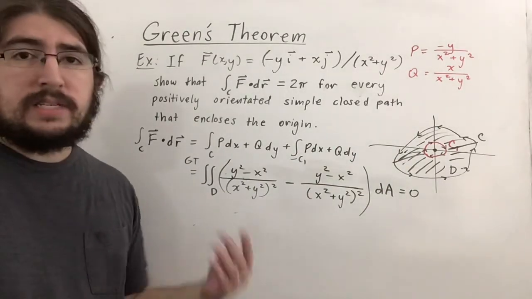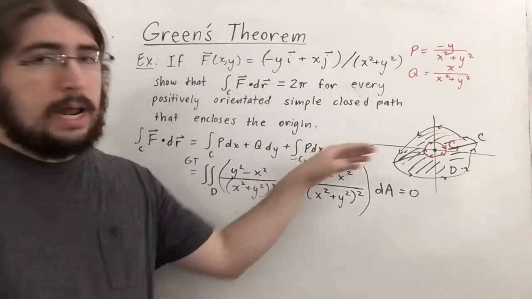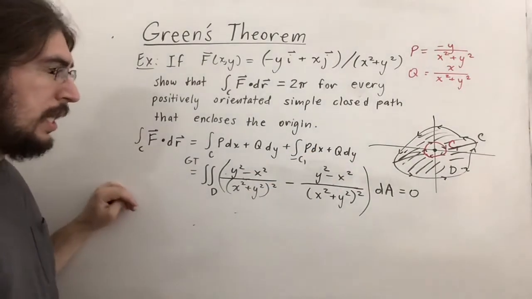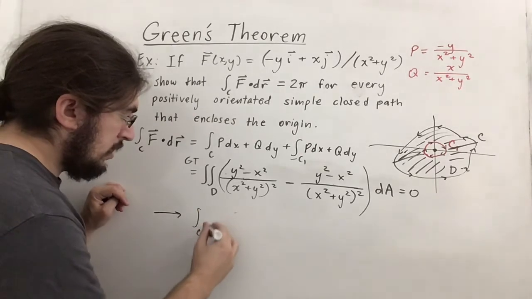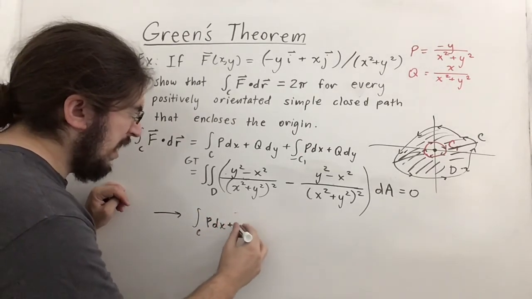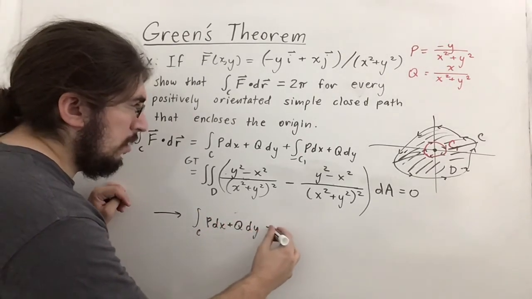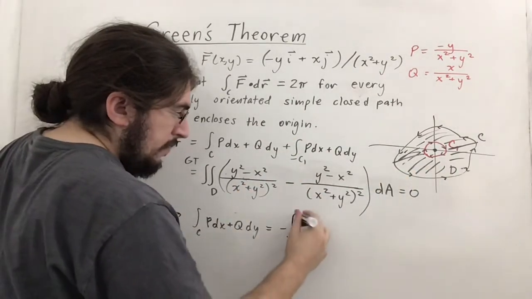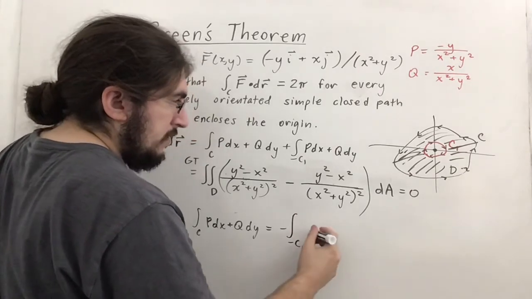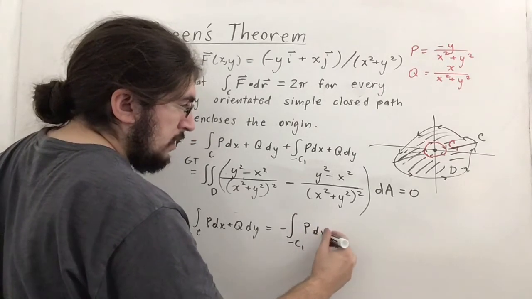If they were the same curves, they would cancel out completely, kind of like what happened with the incision lines. But that's not the case here. So what we've actually shown is that the integral along C of P dx plus Q dy is actually equal, if you just subtract this to the other side, to negative the integral along negative C1 of P dx plus Q dy.